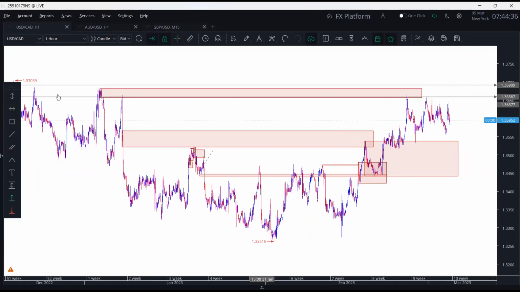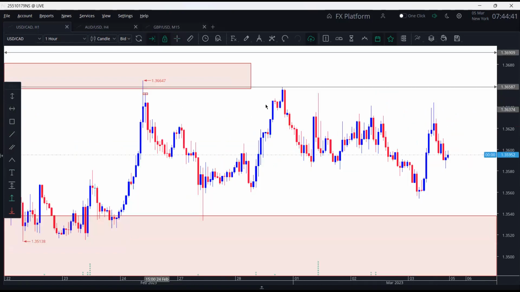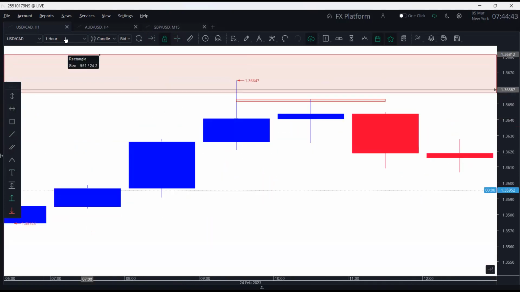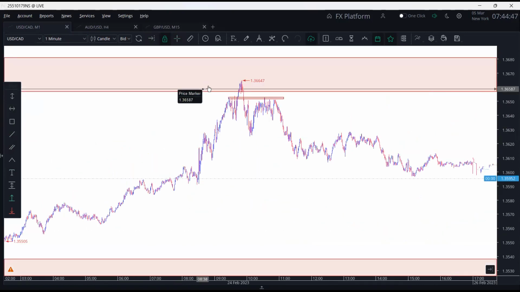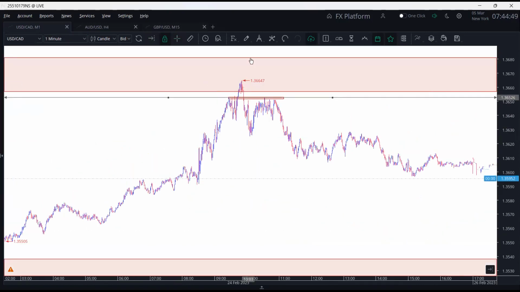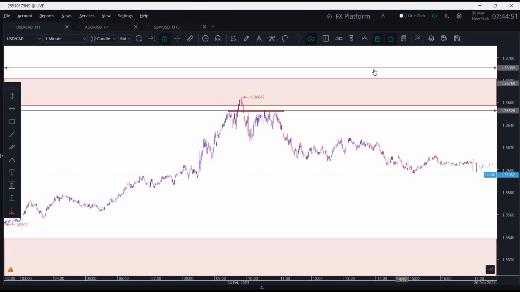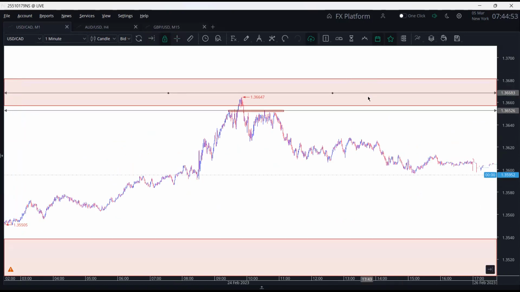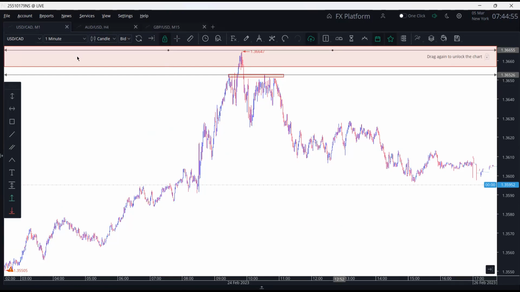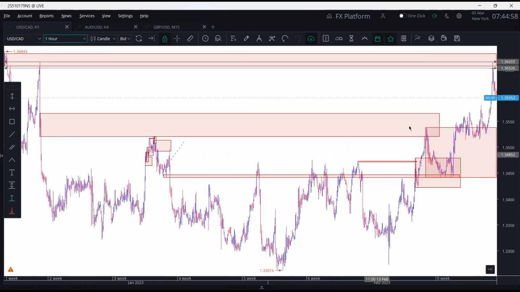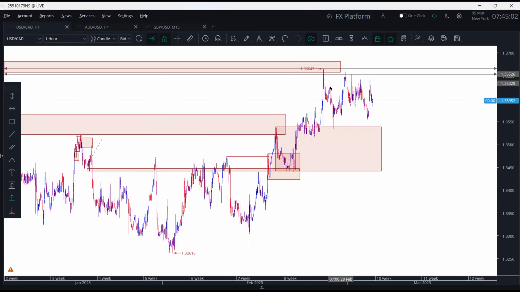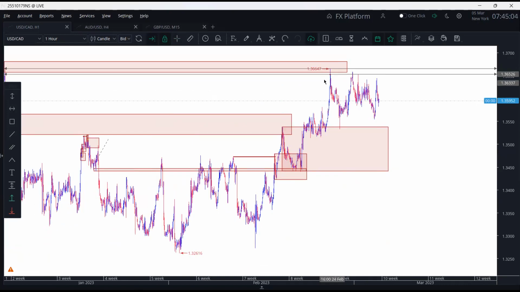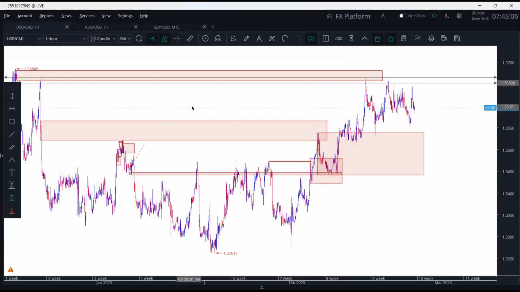sorry, it couldn't calculate it. But you know, if you do it with the setups, let me show you. You can enter here, right here in this QM level, and put your stop loss right above this high, and you see that your stop loss is really more small than the first one.